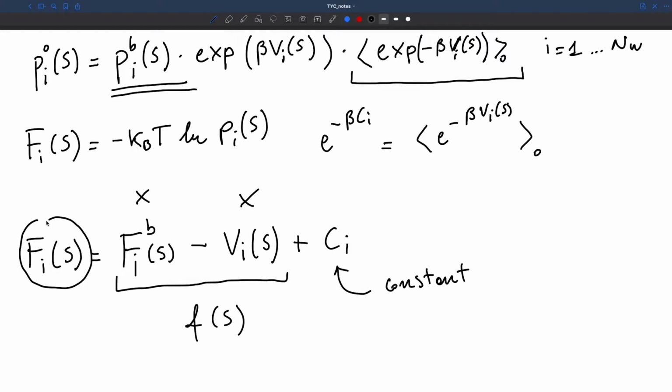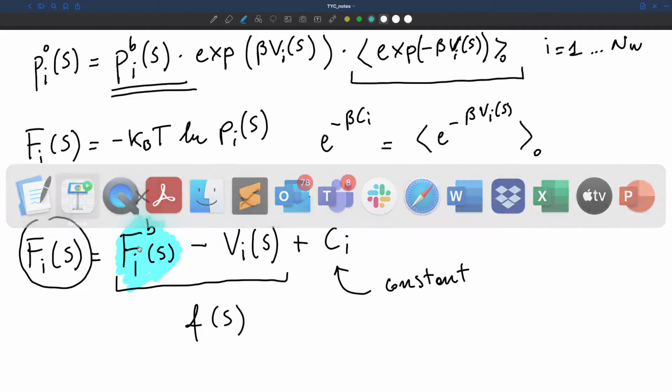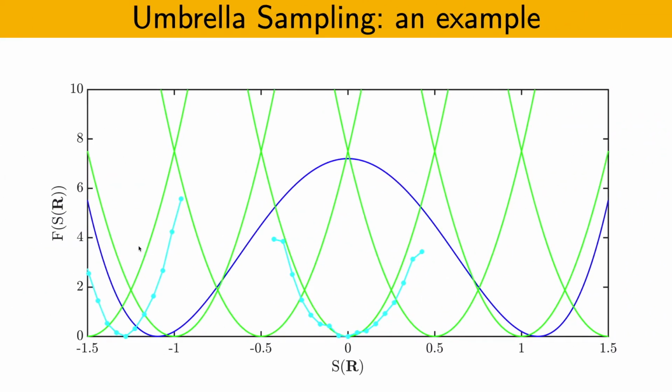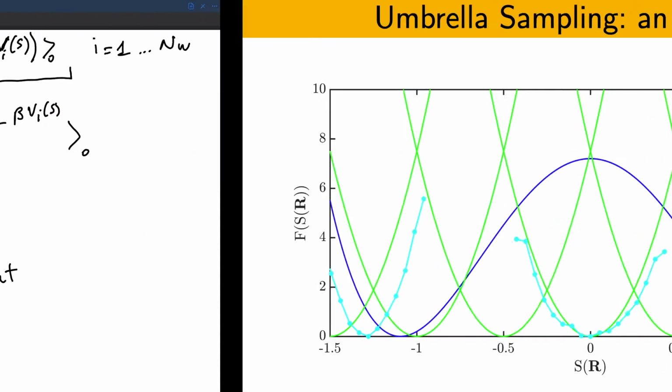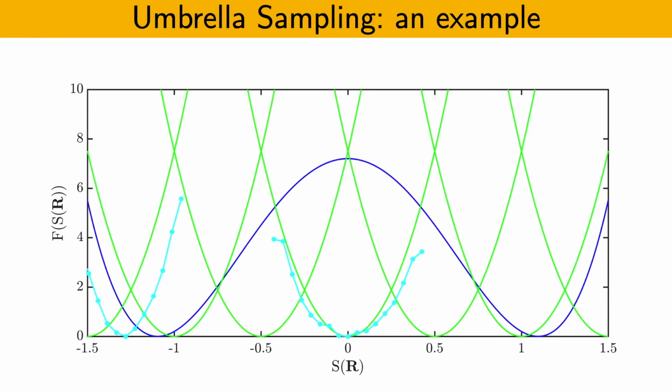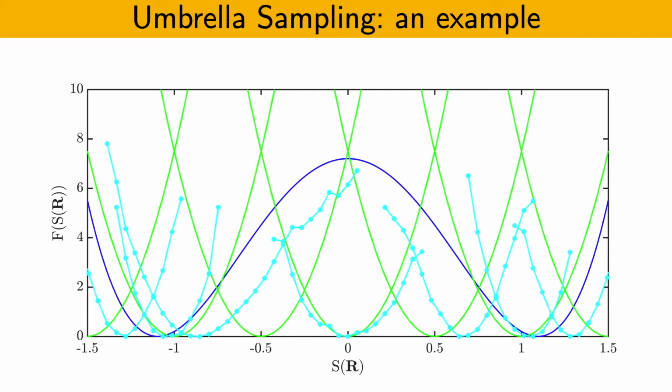This biased free energy surface, the effective free energy surface associated to what is sampled in your simulations, is this Fi biased of S, and we can reconstruct it in a straightforward manner using this expression, plugging in the biased probability density. If we do that, we obtain these light blue estimates, and we can do that for every window.